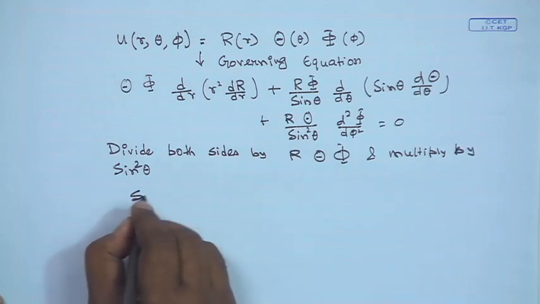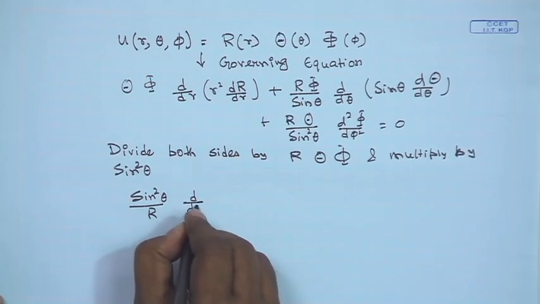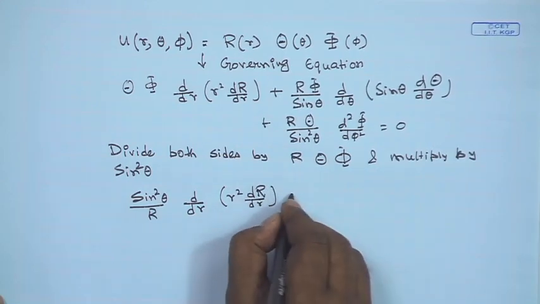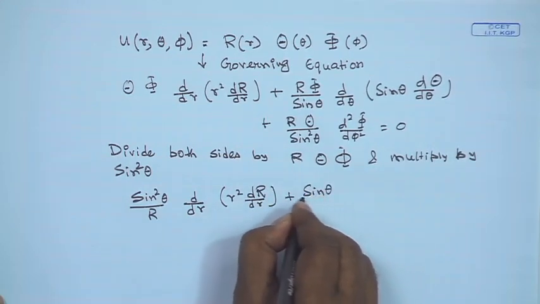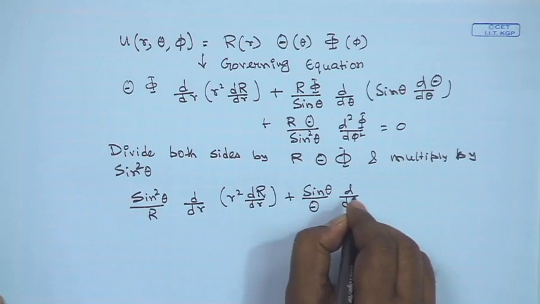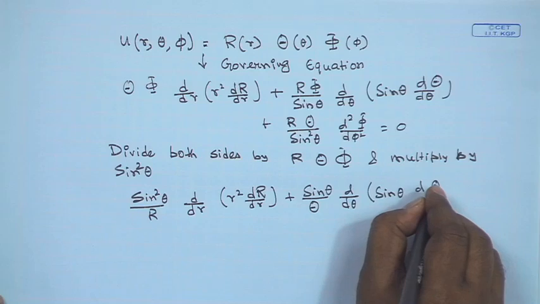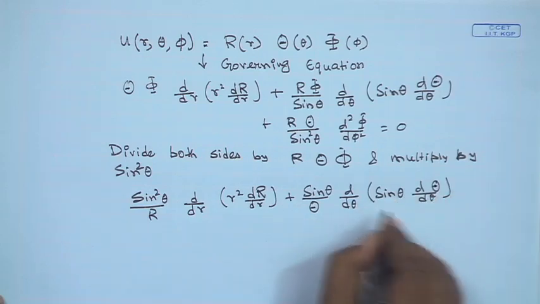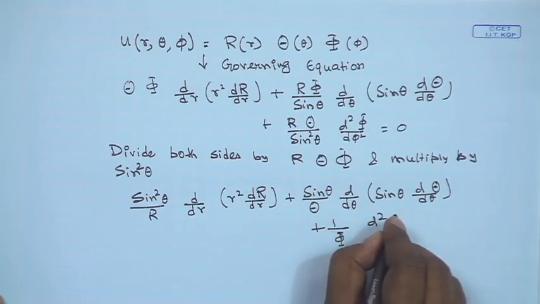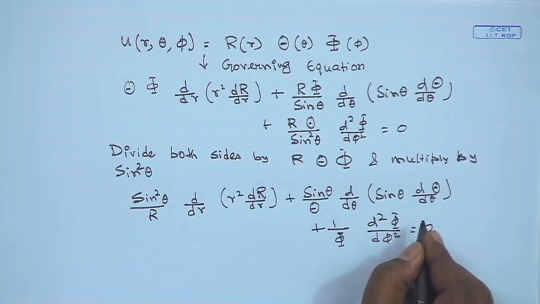So, we get sin square theta divided by R d/dr of (r square dR/dr) plus sin theta divided by Theta d/d theta of (sin theta d Theta/d theta) plus 1 over Phi d square Phi/d phi square.